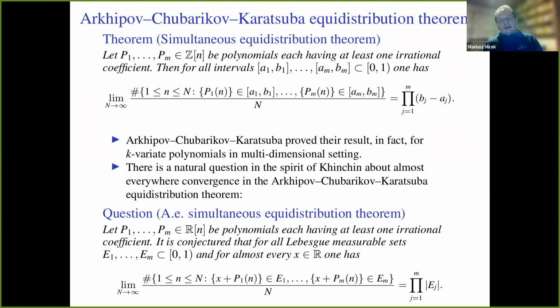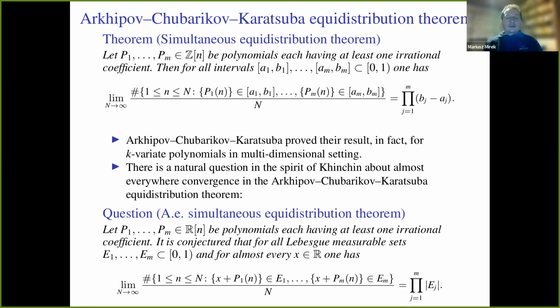But the other thing which is interesting to me is that there is a natural question, in the spirit of Khinchin, about almost everywhere convergence in the Arkhipov, Zhitkov and Karatsuba equidistribution theorem. This is the question about the simultaneous equidistribution theorem.